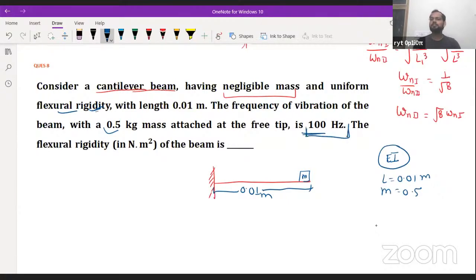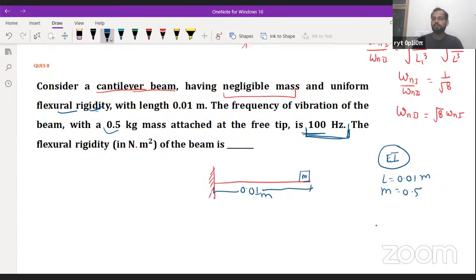Can you tell me which parameter is this? 100 hertz.